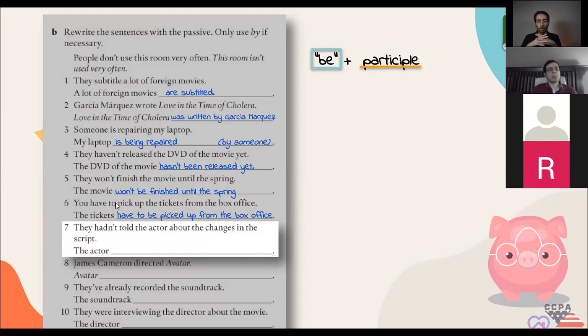What can you think of for the answer of this exercise? Hasn't been told, almost. Hasn't been told is present perfect, not past perfect. How do we create past perfect?